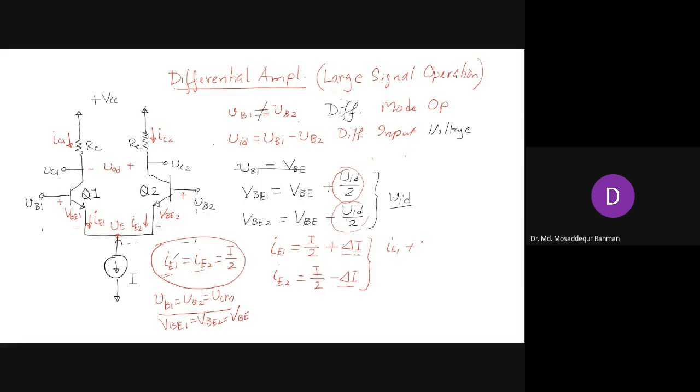The total current should be I, right? So that is our bias current here. I is a constant current source supplying this. So the total current, the summation of these two, must be I, and that is still maintained. Right? Any question, guys? No, sir.